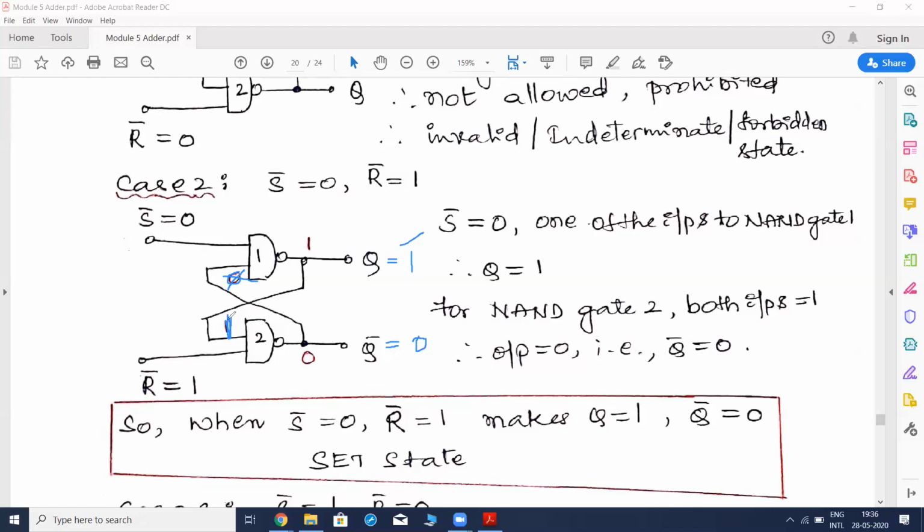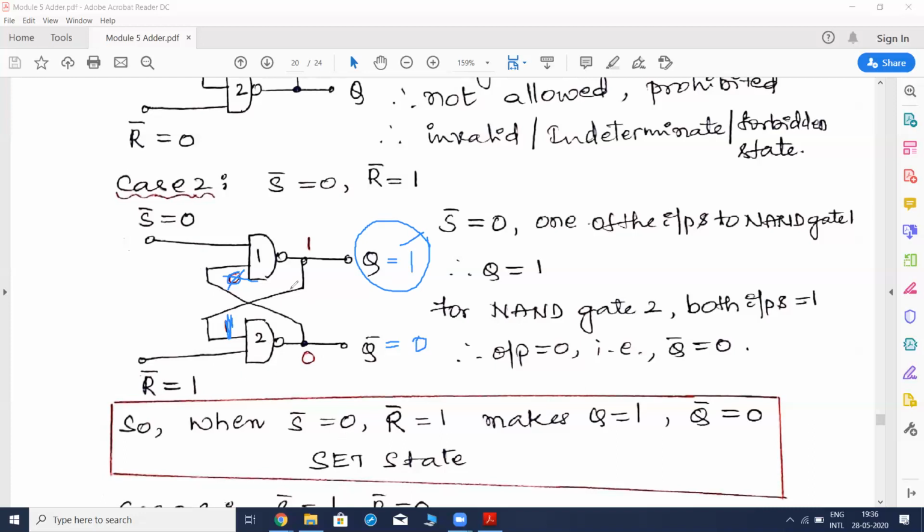So that 1 appears over here, and R bar is also 1. Both the inputs are 1, 1, so according to the NAND gate truth table, we get Q bar as 0. So this condition, S bar equal to 0 and R bar equal to 1, will make Q equal to 1, and obviously Q bar as 0.